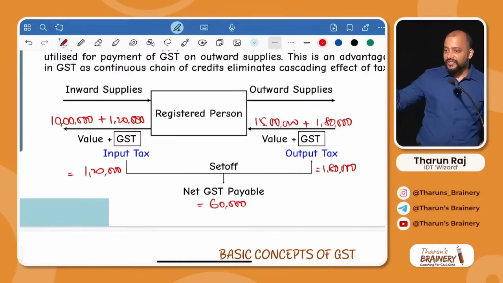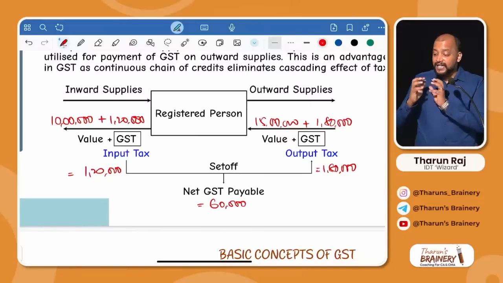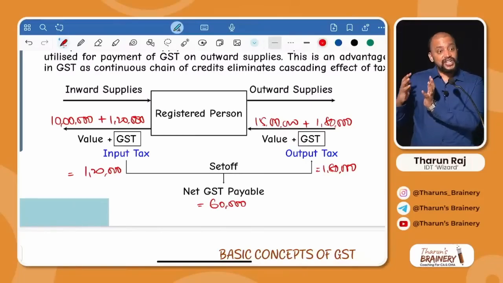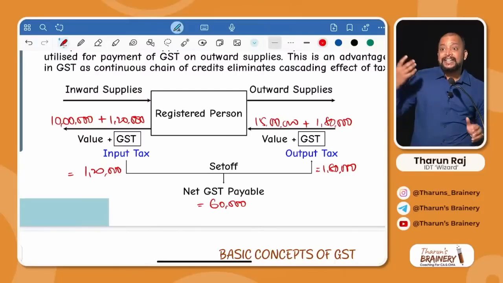To sales 15 lakhs. To GST payable, means we created a liability here, GST payable. So GST payable liability shows what balance? Credit balance. So 1,80,000 is showing the credit balance, liability.